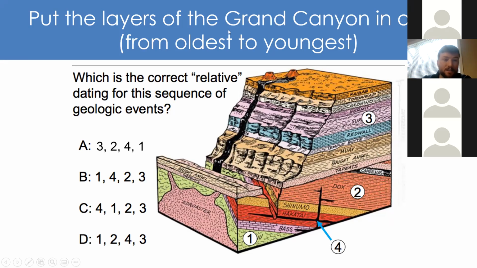So go ahead and look at the answers here. What's the correct relative dating sequence for the rock? We're going from oldest to youngest. Go ahead and type it into the chat.